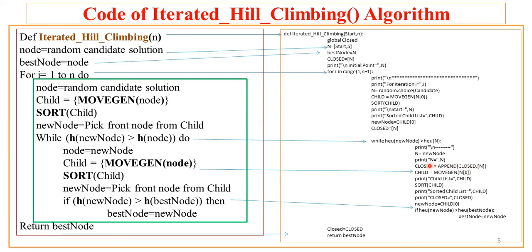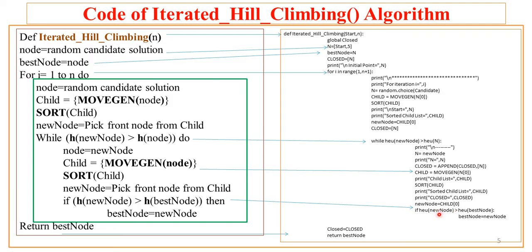So this local closed list will maintain the nodes visited so far across the path. Then we sort this child list, and from that child list a different node is picked. Here, using this if statement, the heuristic of the new node is compared with the best node.